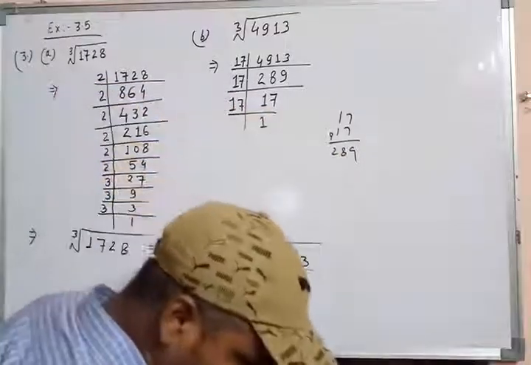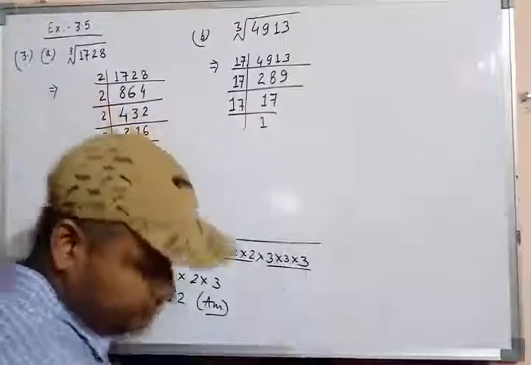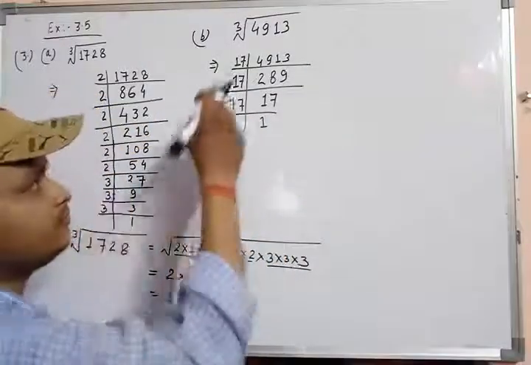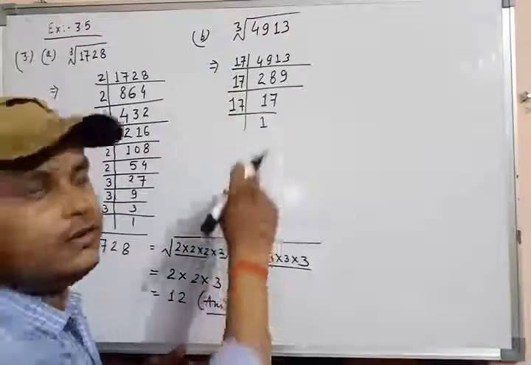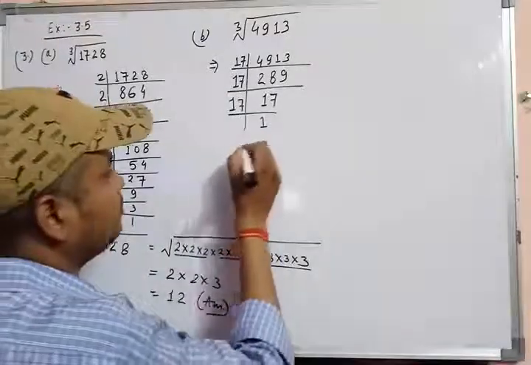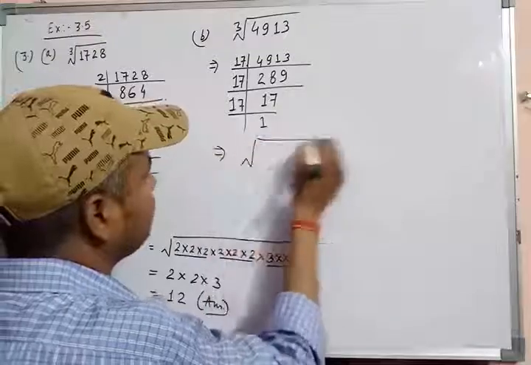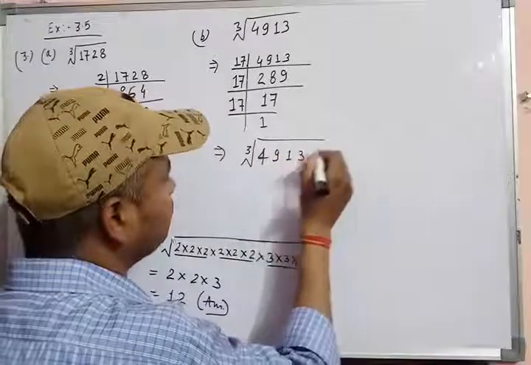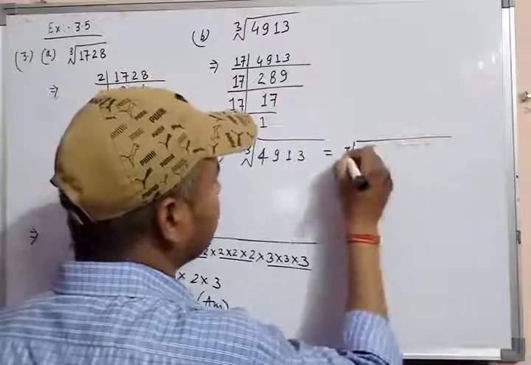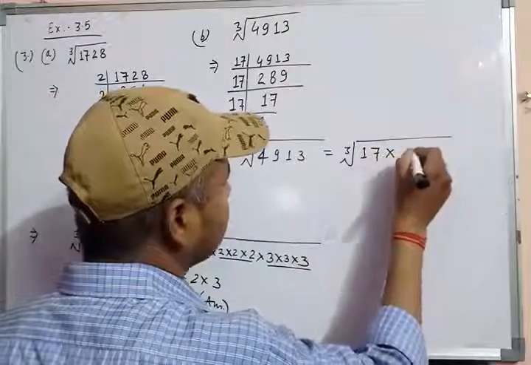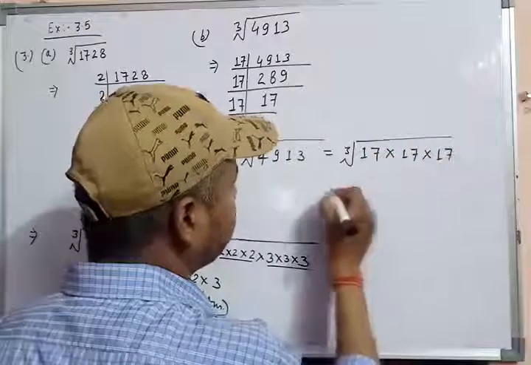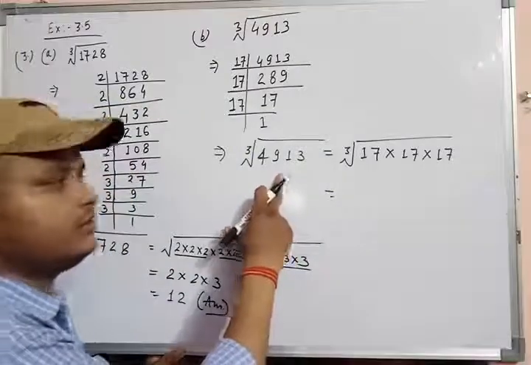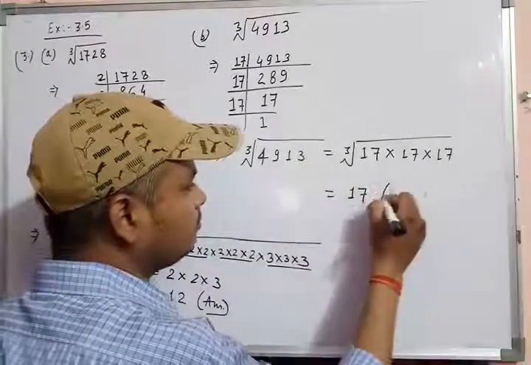Now we get a group of 3 times 17, then we can write 4913 is equal to 17 times 17 times 17. You have to write it 3 times, and hence we can say that the cube root of 4913 is 17.